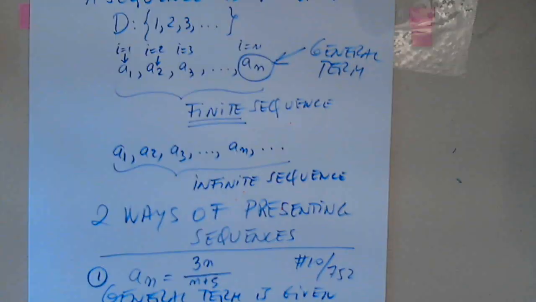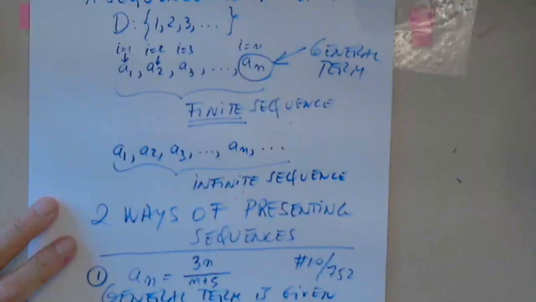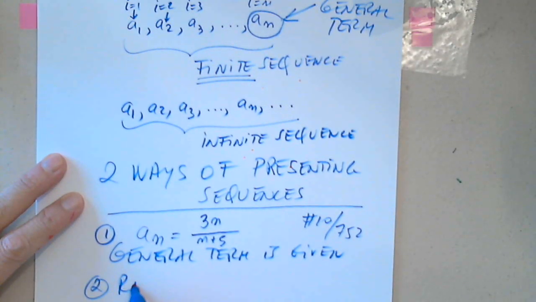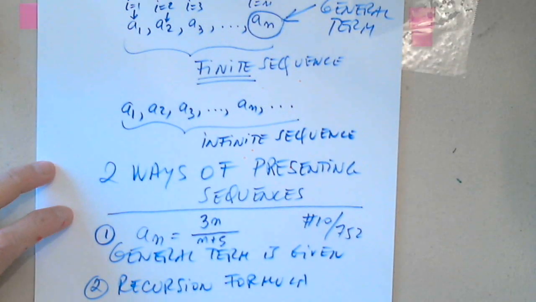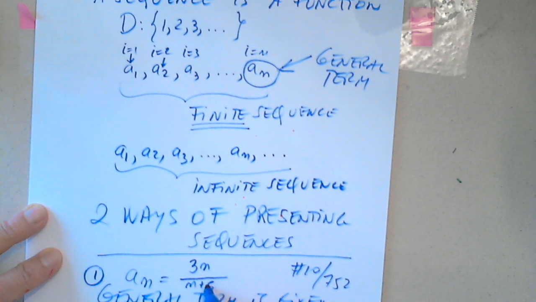Okay, here is another way. The second way is using a recursion formula. That says n plus 5, right? Yes. I'm going to write it one more time when we work with it in a minute.